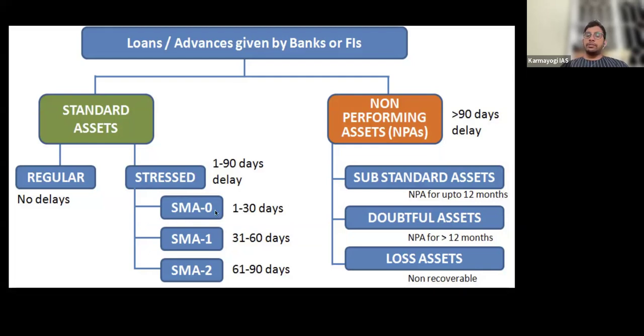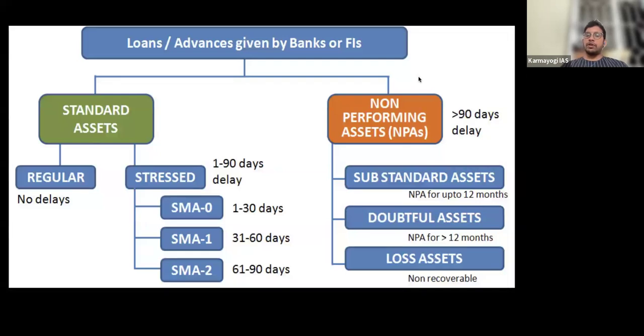If it is between 1 day and 30 days of delay, it is called special mention account 0. And 31 to 60 days, up to 2 months delay, is called special mention account 1. If it is delayed up to 3 months, it is called special mention account 2.